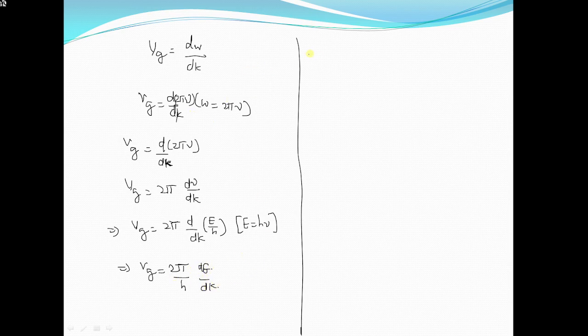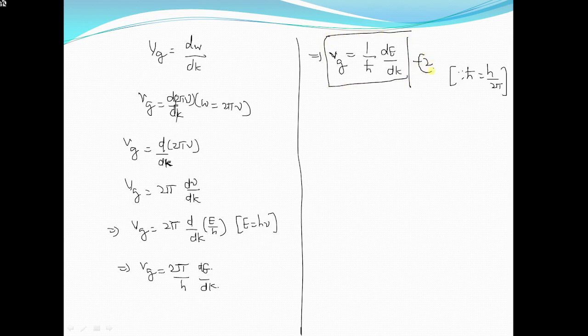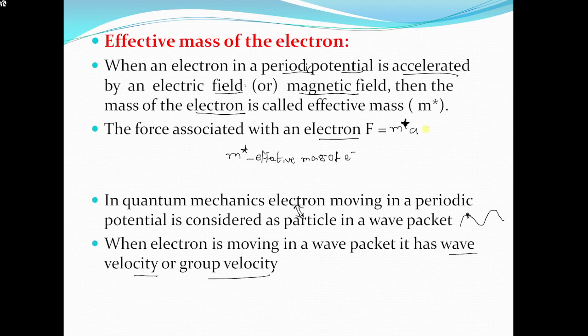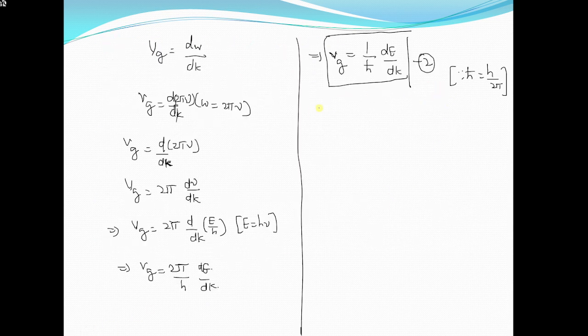We know reduced Planck's constant h cross is equal to h by 2 pi. Then 2 pi by h is 1 by h cross. So Vg is equal to 1 by h cross dE by dk. This is the expression for group velocity, equation number 2, and F is equal to m star a is equation number 1.